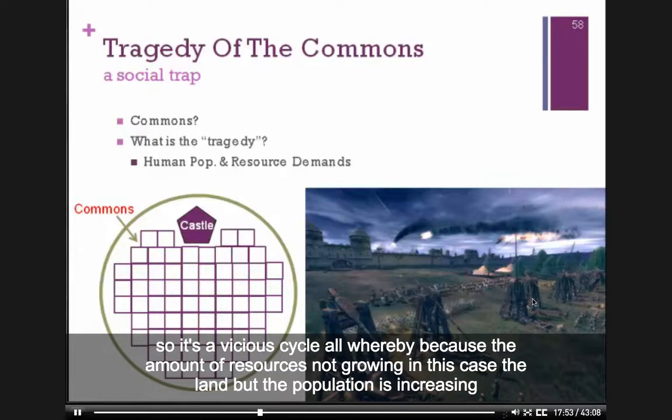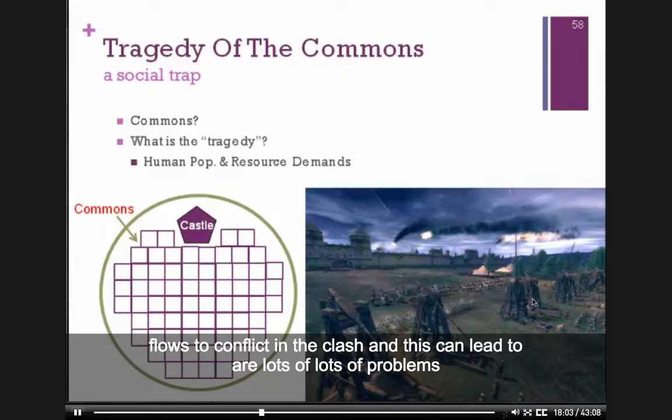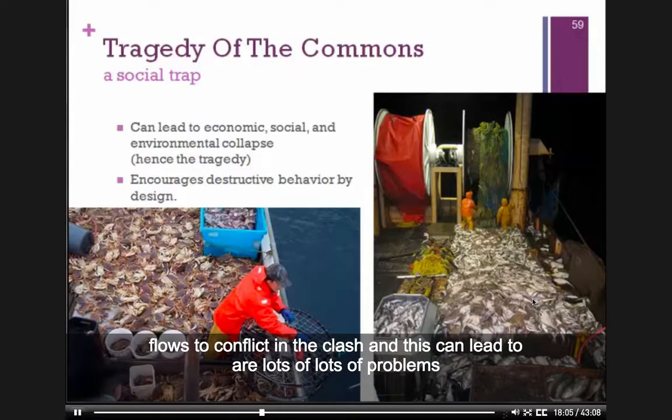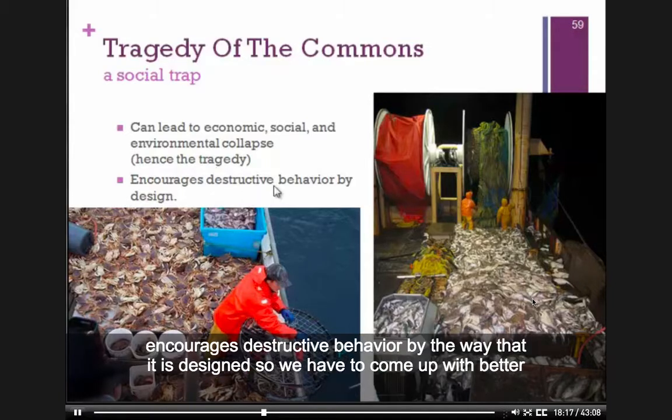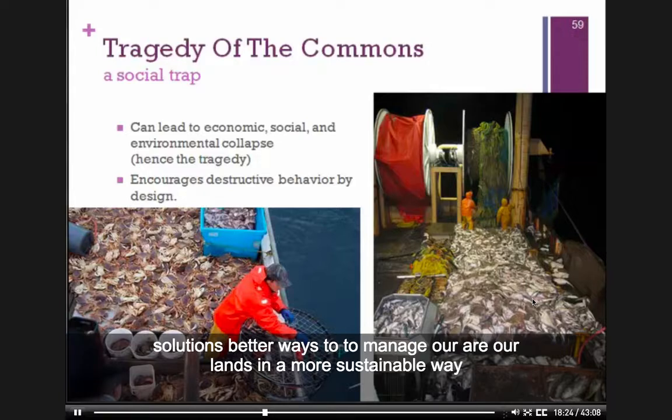So it's a vicious cycle whereby because the amount of resource is not growing, in this case the land, but the population is increasing, those two conflict and they clash. And this can lead to lots of problems. It can lead to economic, social, and environmental collapse. That's what the tragedy means. And the problem is that it actually encourages destructive behavior by the way that it is designed. So we have to come up with better solutions, better ways to manage our lands in a more sustainable way.